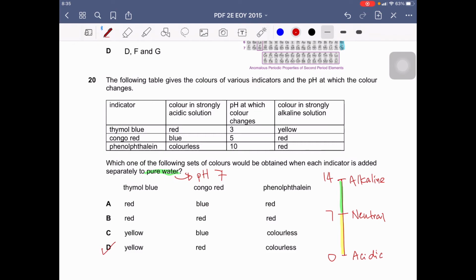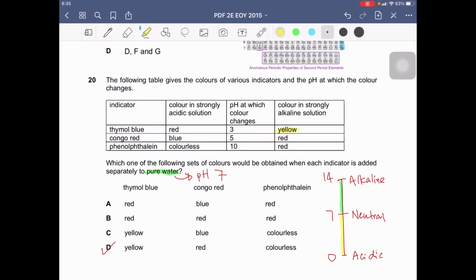Now, why? If you try turquoise blue, it says it will start to change at a pH value of 3. We have 7, which means this will change. So turquoise blue will change to yellow.